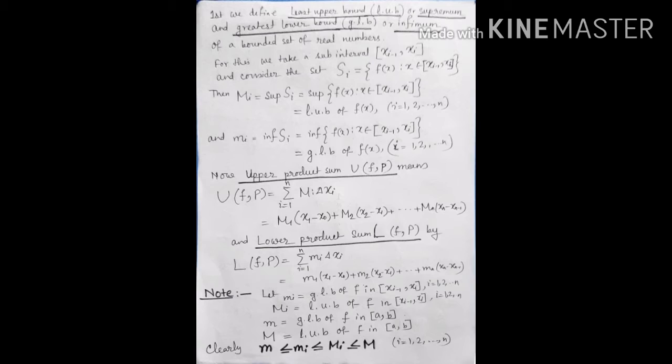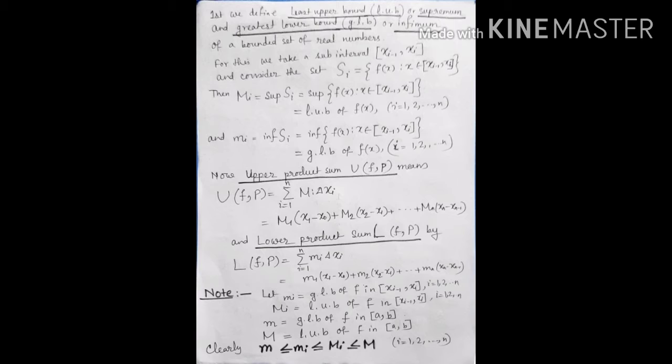And mi = infimum of Si = infimum of f(x) where x belongs to [xi-1, xi], and infimum means GLB, that is, the greatest lower bound of f(x). Here i = 1, 2, ..., n, and [xi-1, xi] is a subinterval of [a, b].